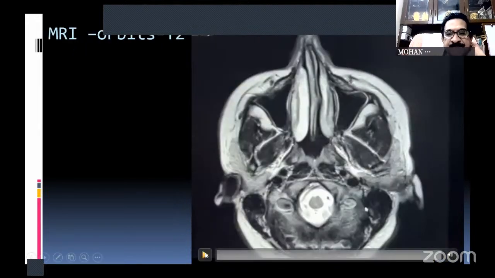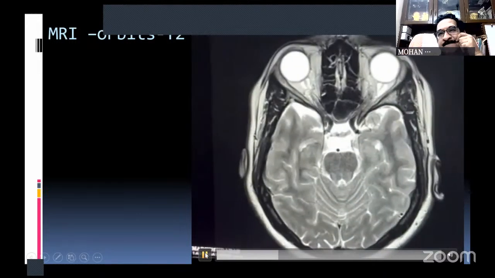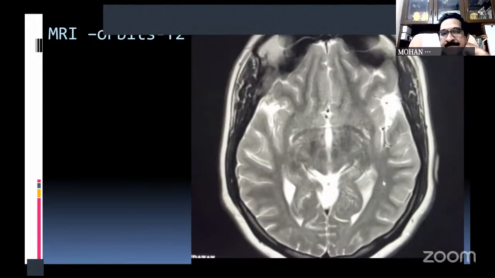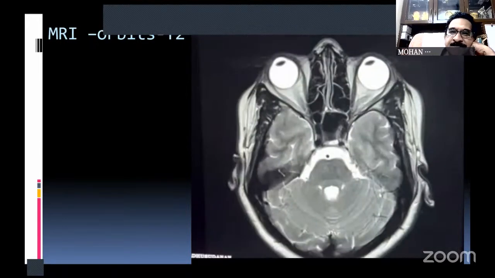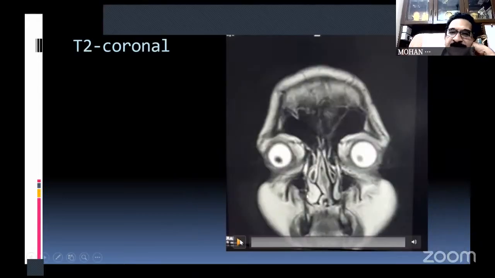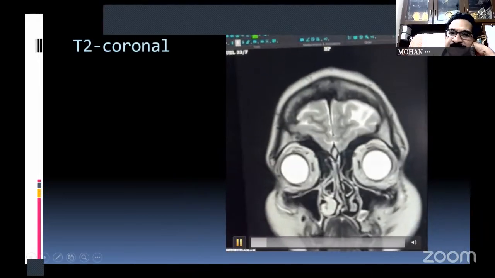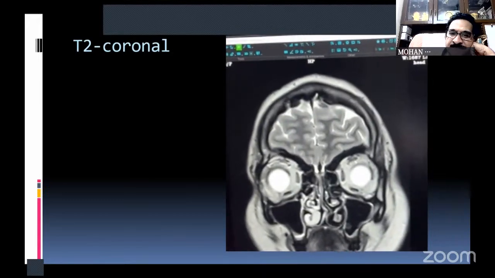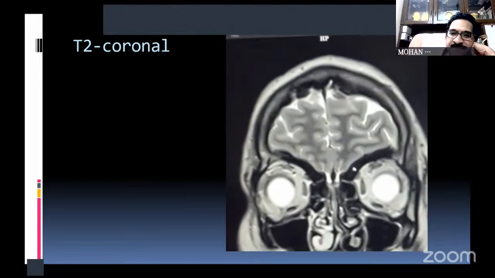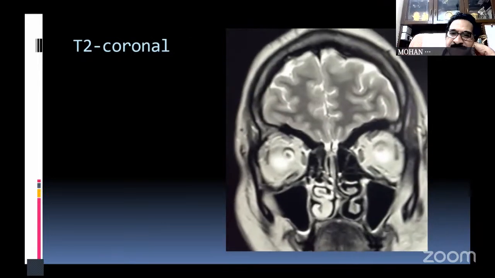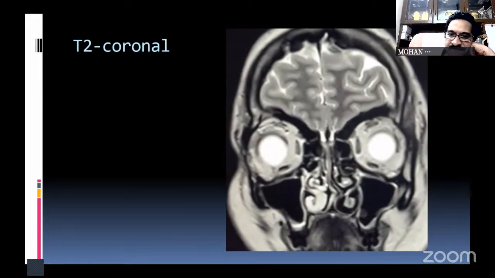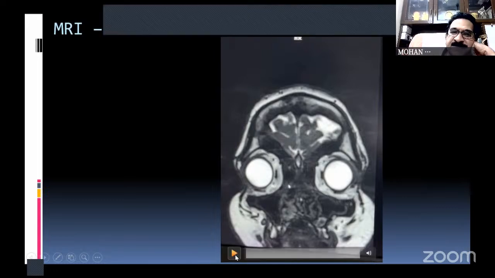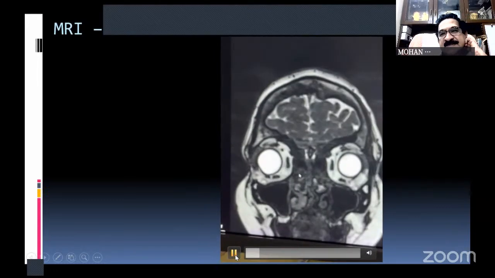Then this is MRI. The MRI of the orbit, T2 coronal. This is the superior rectus muscle that is atrophied here. This is the sequence for the orbit to show the muscles in the orbit.